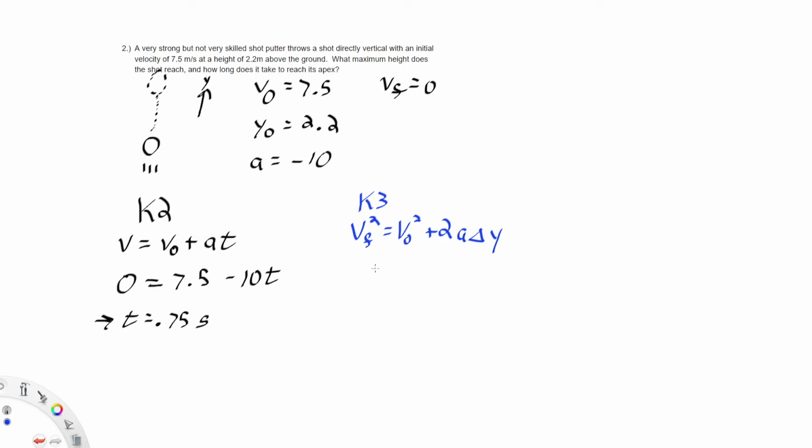If the final velocity is 0, right, then we have 7.5 squared minus 20 times delta y. Said 20, wrote 10. 7.5 squared is like, I don't know, 55, maybe. 56.25.